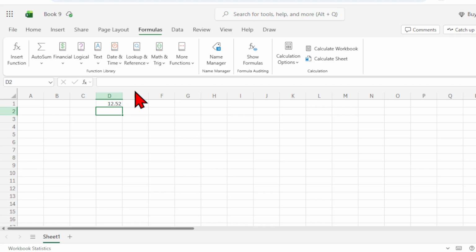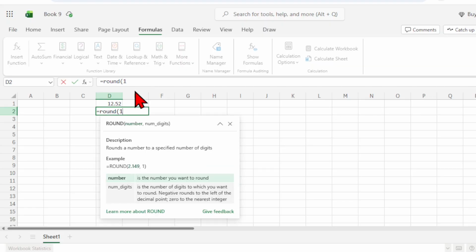So maybe I have a number like 1,105.78, but I'm reporting this number to my boss. This is money. I don't think he, or she, really cares about the cents. So I'm just going to round it to the nearest 100. So comma. 0 would be where the decimal place is.